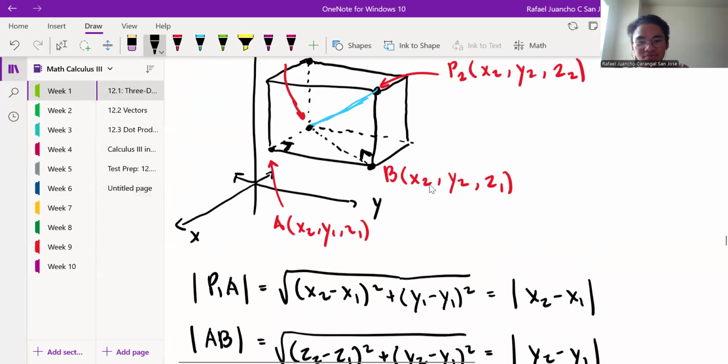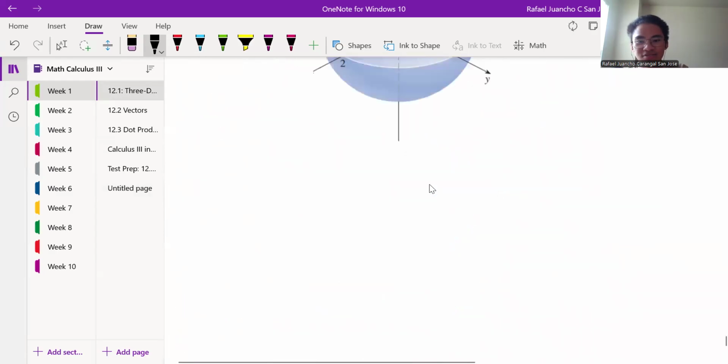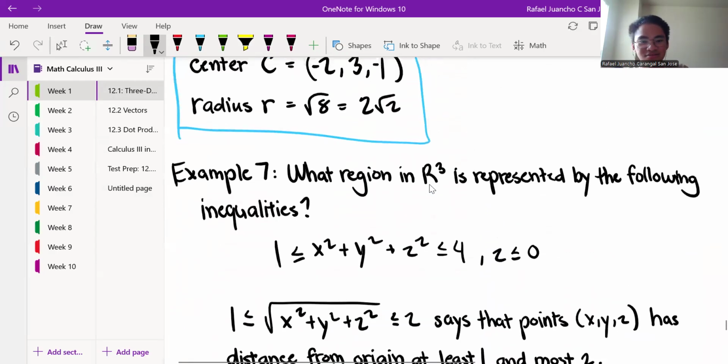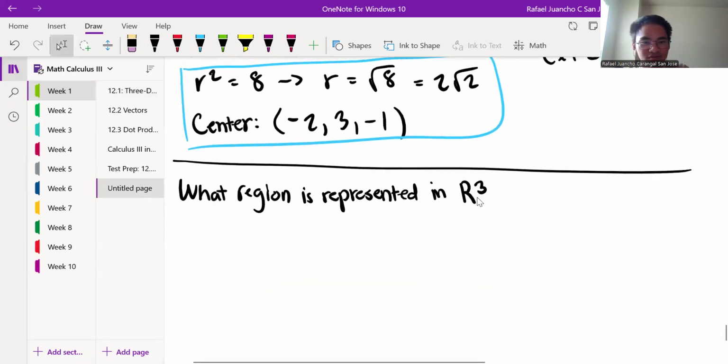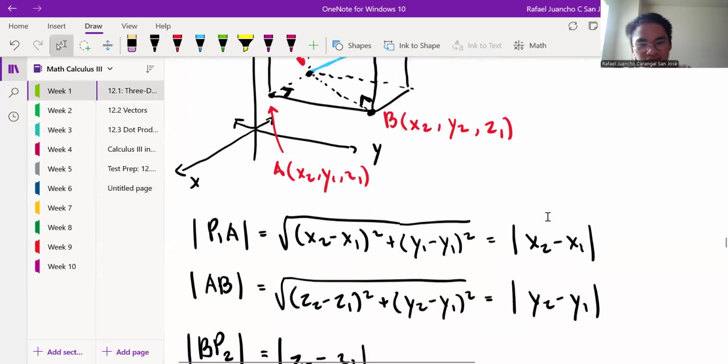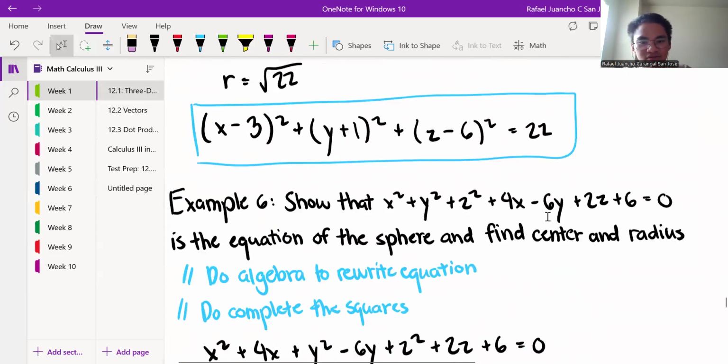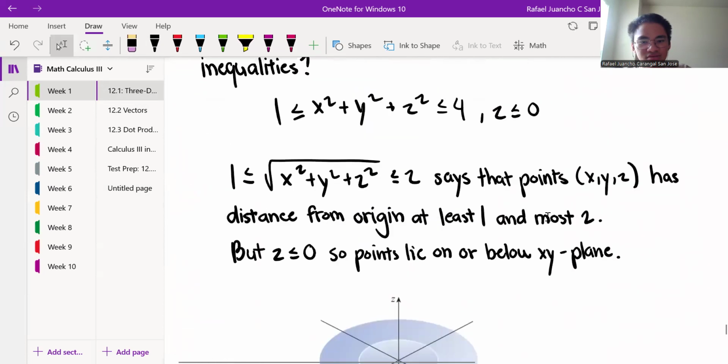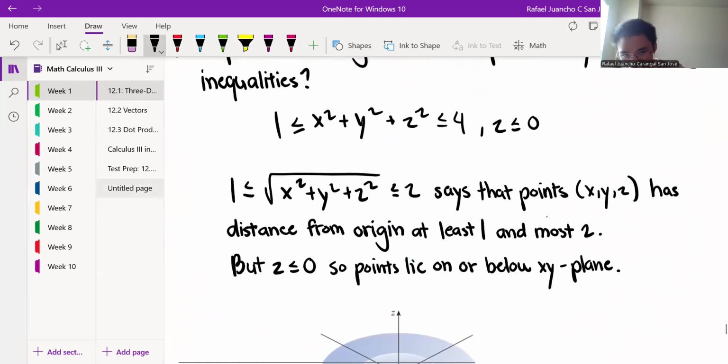So in R cube, what is this thing represented? So, okay, we have 1 less than or equal to x squared plus y squared plus z squared, less than or equal to 4, I think it was 4, right? Yeah, it should be 4.